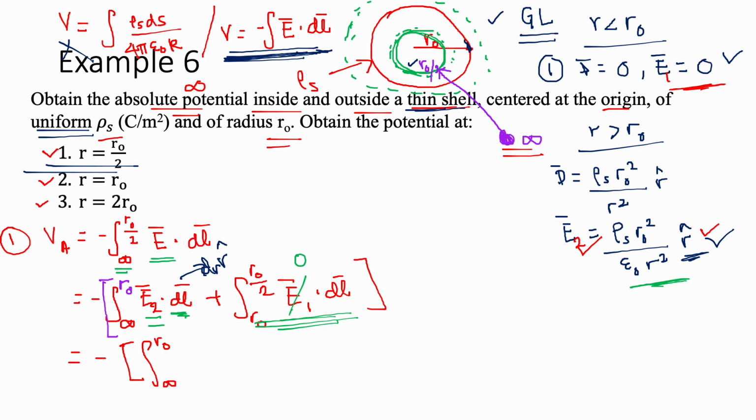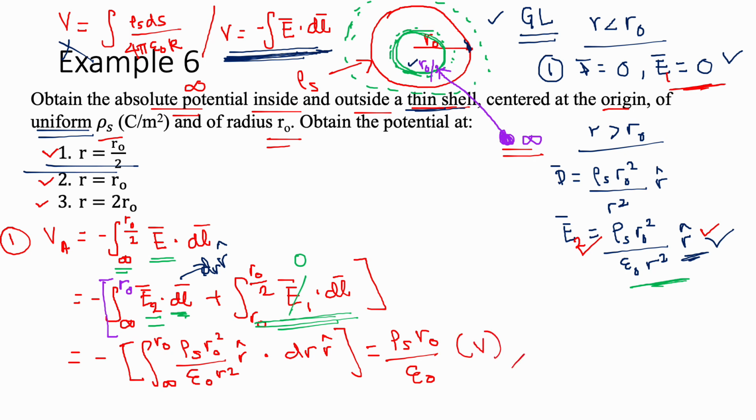Your E2 will be rho s r naught squared over epsilon naught r squared in the r direction dot dr in the r direction. If you solve this, you will get your answer to be rho s r naught over epsilon naught volt.